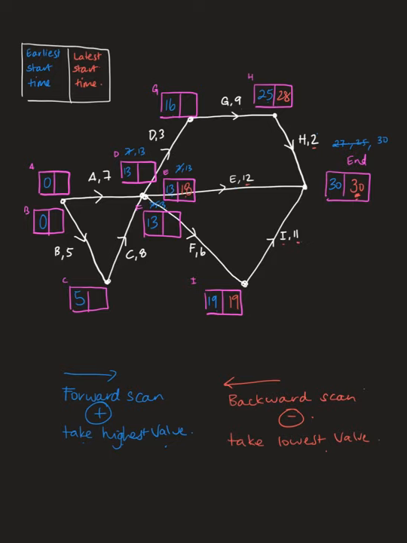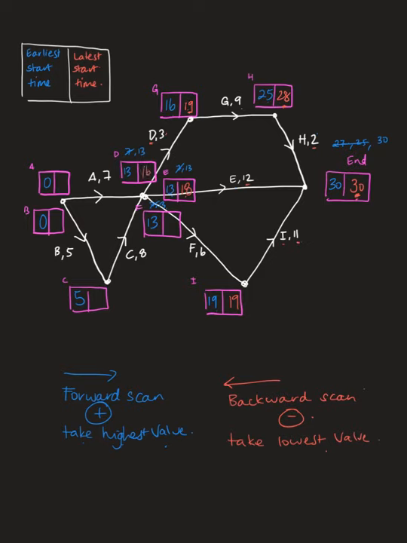I'm going to come back up the top. 28 minus 9 for box G is 19. Okay, so 19 minus 3 for box D is 16.